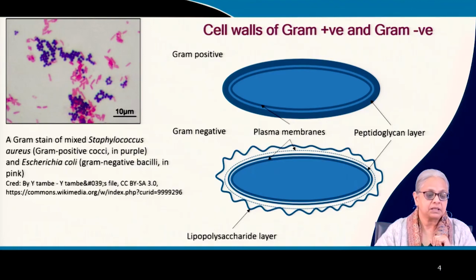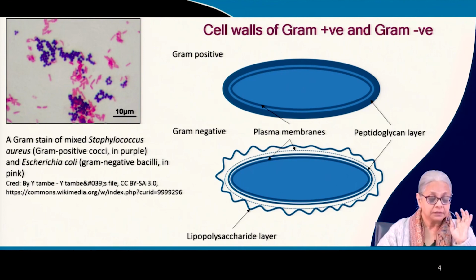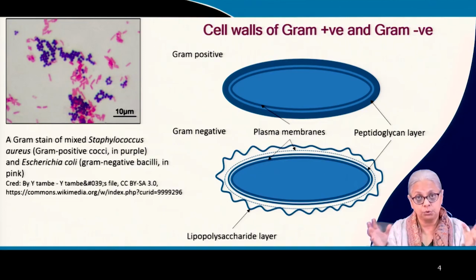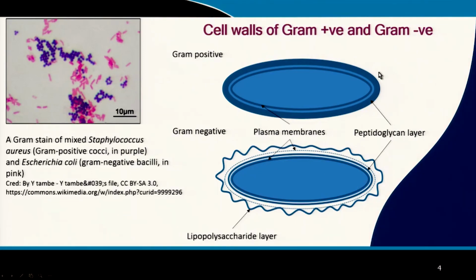And in the gram staining procedure, you will have two outcomes. Some cells will be colored a dark purple, and other cells will be found to be pinkish or reddish in color. And this difference in color between two groups of bacteria is mainly because of the difference in composition of the gram-positive and gram-negative cells.